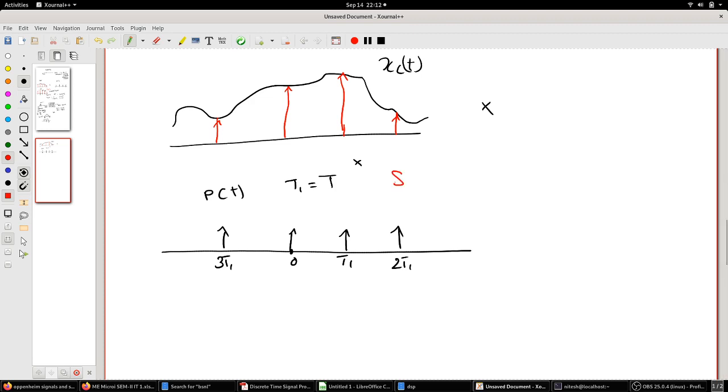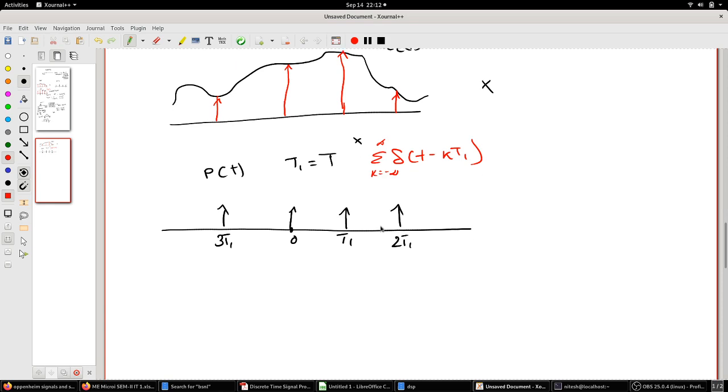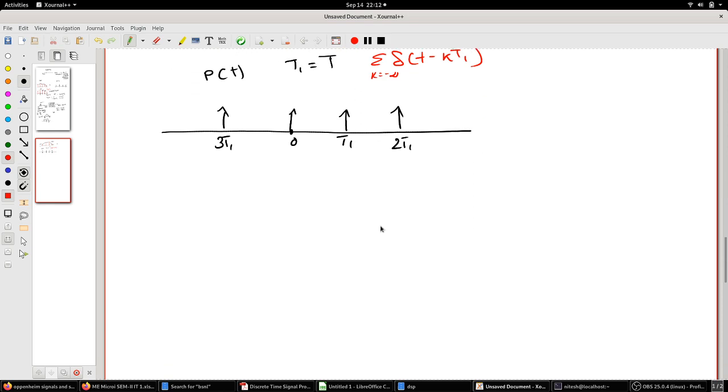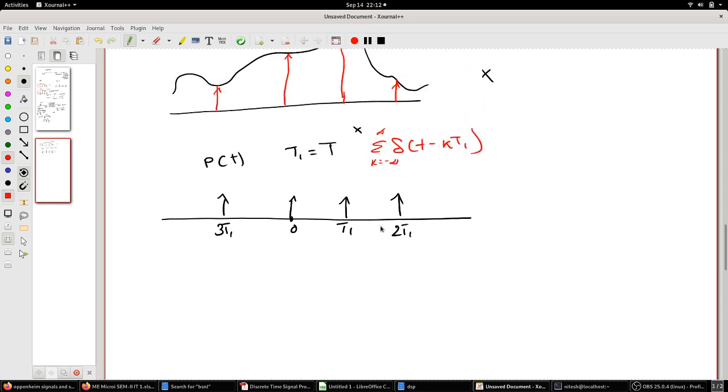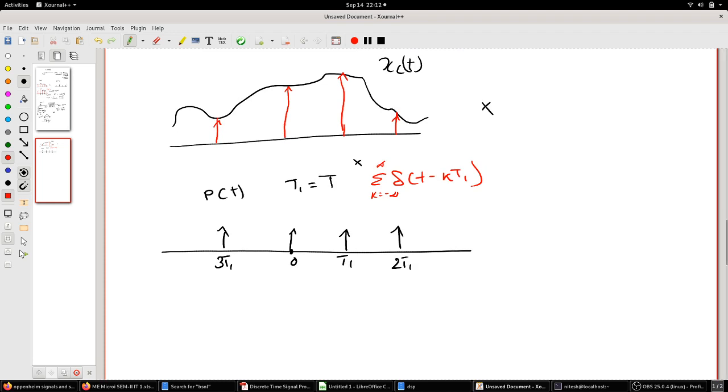So this particular waveform is delta of t minus kt1, summation k equal to minus infinity to infinity, where t1 is equal to t. This is the pulse waveform, and this is where I am going to get the instances. So at 0, at t1, at 2t1, and at minus t1, and this will continue.